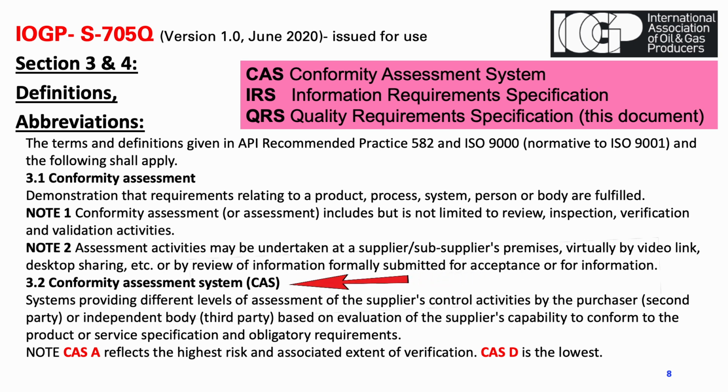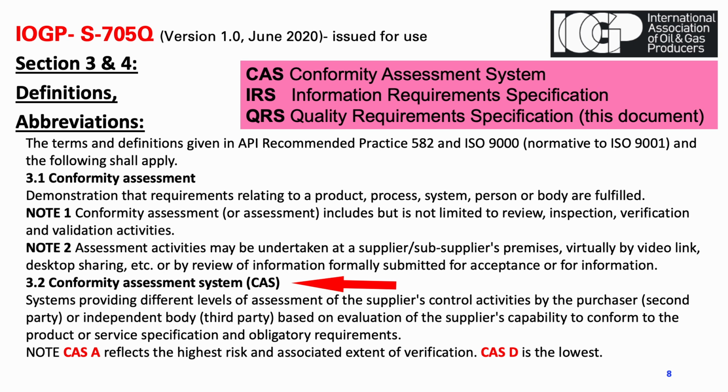Conformity Assessment System or CAS, 3.2: systems providing different levels of assessment of the supplier's control activities by the purchaser, second party or independent body, based on evaluation of the supplier's capability to conform to the product or service specification and obligatory requirements.